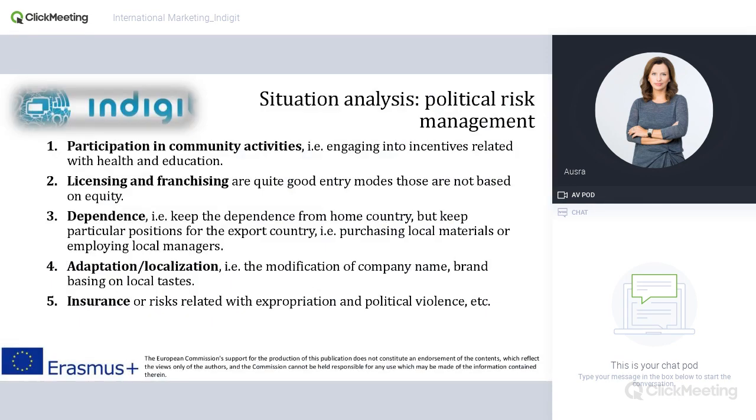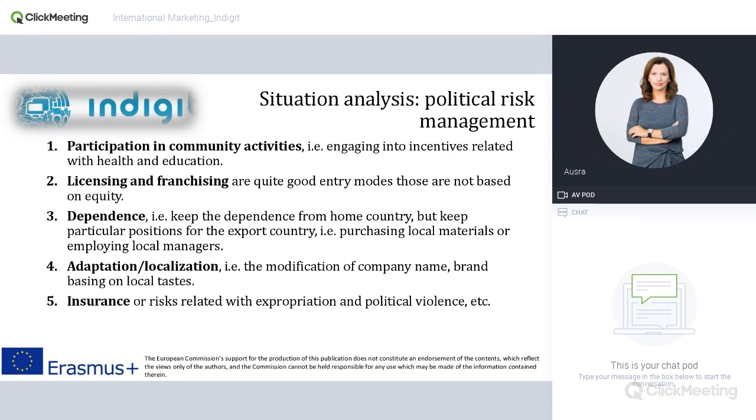It's very difficult to manage the political risk. Still, there are several strategies. Firstly, it's worthwhile for an SME to participate in community activities, engaging in initiatives related with health and education in the country it wants to enter. Also, licensing and franchising are quite good entry modes. Those are not based on equity.